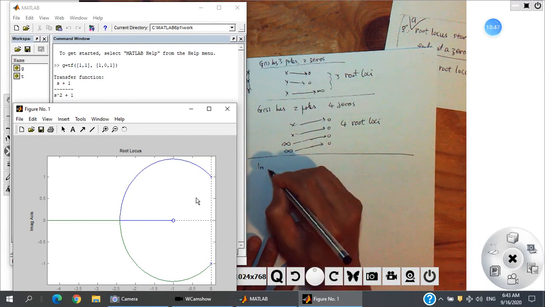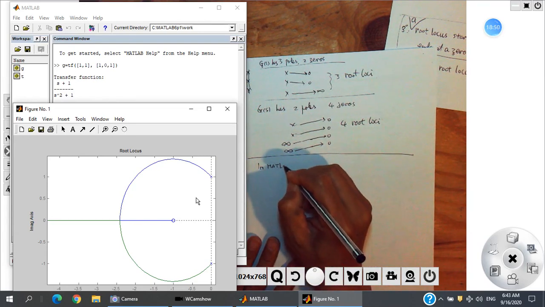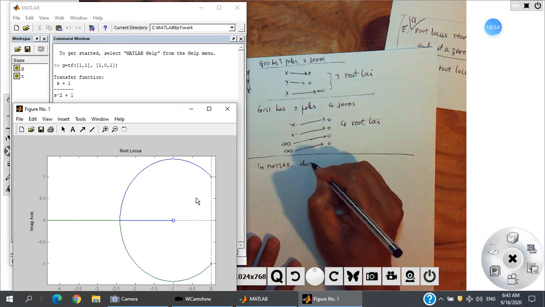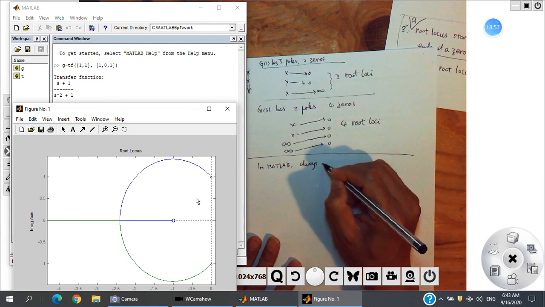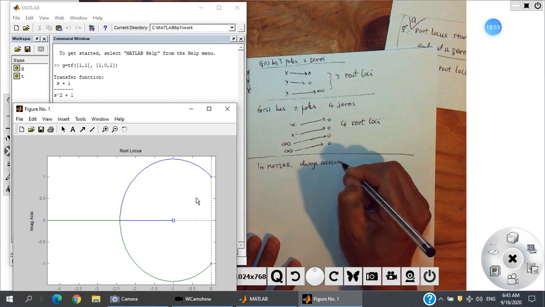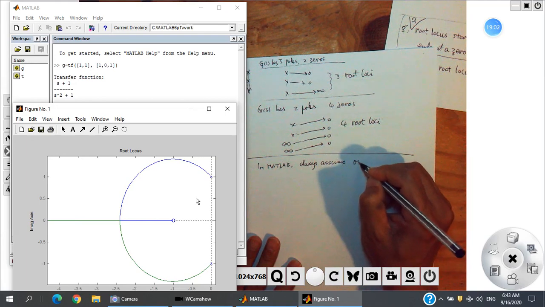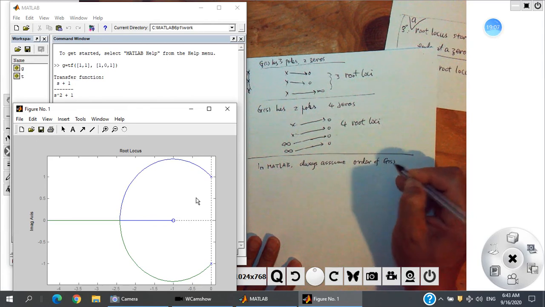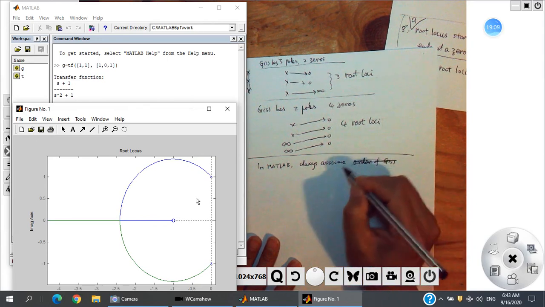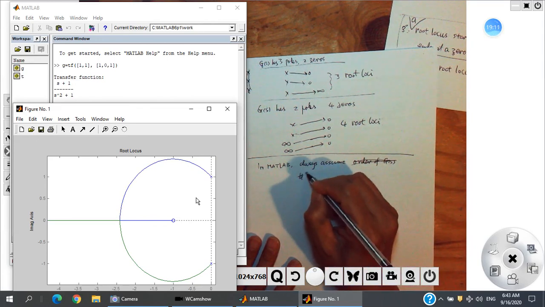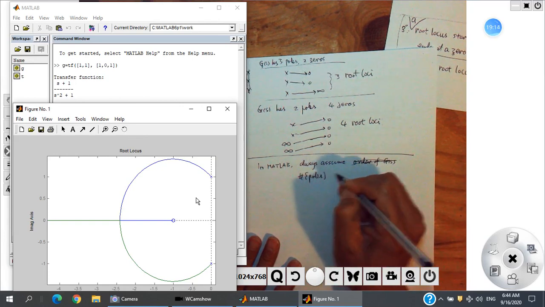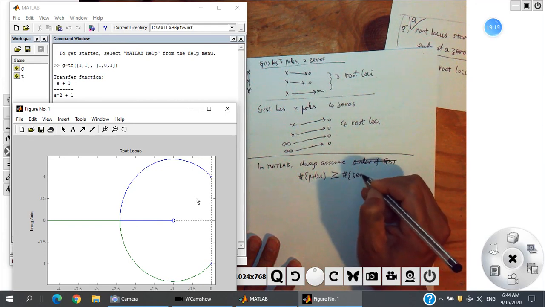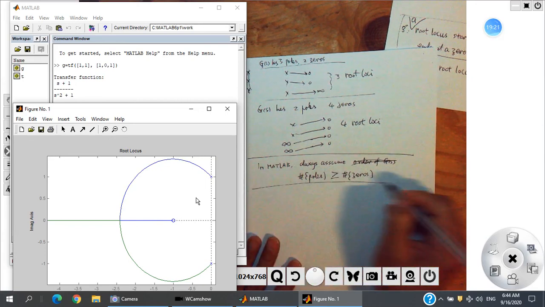In MATLAB, always assume the order of G of S in the denominator... okay, I write this way: always assume the number of poles is larger than or equal to the number of zeros.